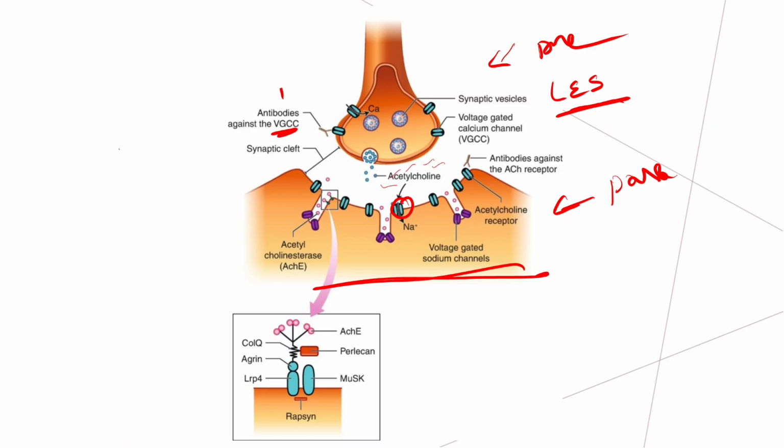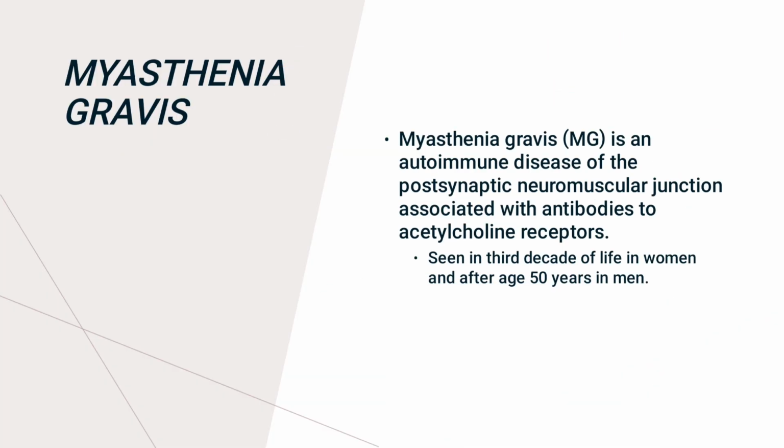In this case, that's Lambert-Eaton syndrome. Both of them have the same symptoms. The only difference is about the character of the symptom. Myasthenia gravis gets worse whenever you use the muscles, and Lambert-Eaton syndrome gets better if you use the muscles. We're going to talk about this in more detail.